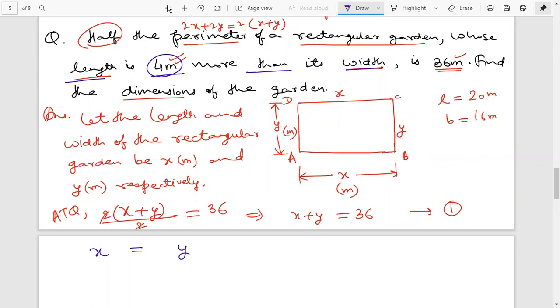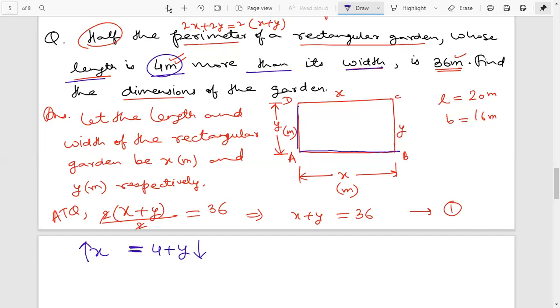Also we know length is the longer side and width is the smaller side. So length is more, and length is x, which we have taken. X is more, so we put an arrow up on x and an arrow down on y. How much more? 4 more than the width. Now we have equated them, meaning both are equal. This is more, this is less, so how can it be equal?